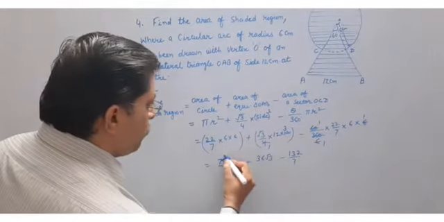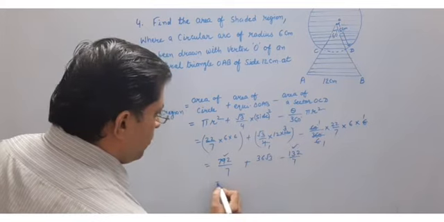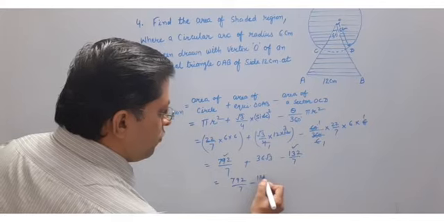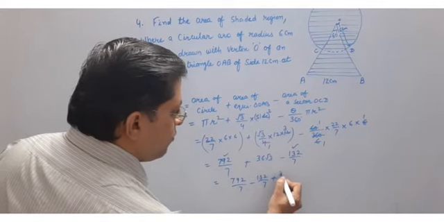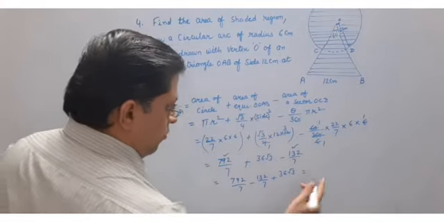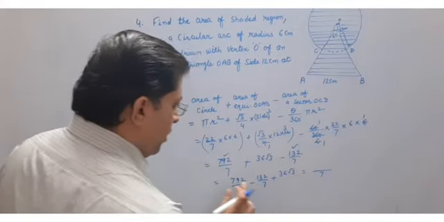I am taking these two, this and this. This is 792 upon 7 minus 132 upon 7 plus 36 root 3. The base LCM is the same, so directly you have to subtract.